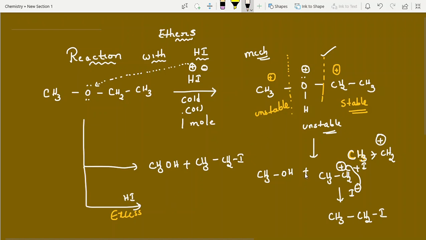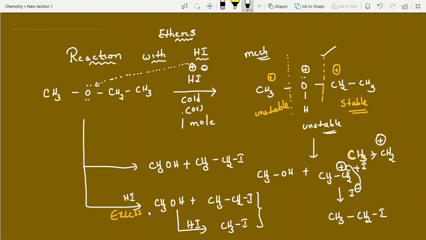The same mechanism goes, and up to here it is the same thing: CH3OH and CH3CH2I. Now further, what happened? Another mole of HI reacts here, and we will get CH3I. Finally both are iodides. If excess HI is there, no problem, students, finally we will get iodides.